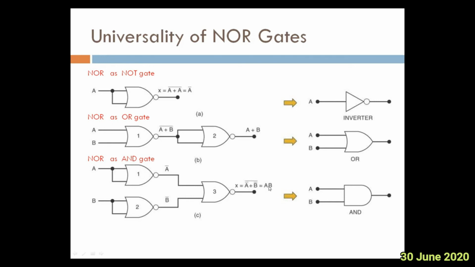Now if I apply the De Morgan theorem here, you just see A bar of bar dot B bar of bar. A bar of bar is A only, B bar of bar is B only. It is nothing but A dot B, which is the AND gate. That's how the NOR gate is represented as an inverter or NOT gate, OR gate and AND gate. Therefore it is a universal gate.